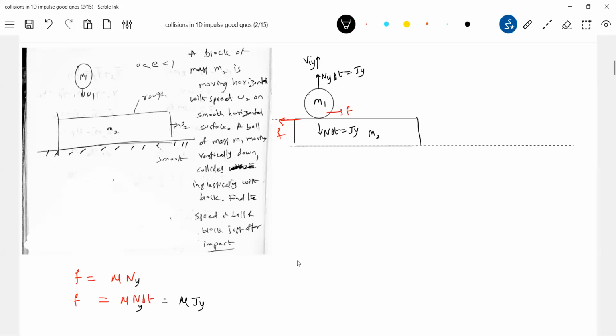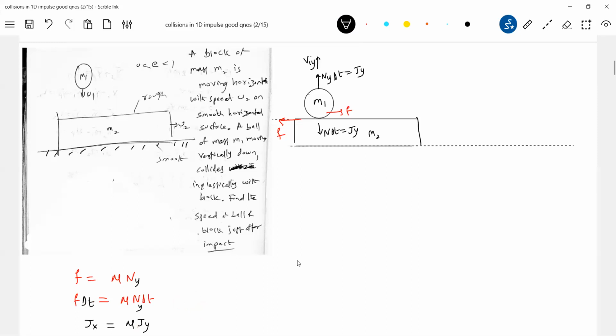Similarly, the friction also will act for a small duration of time. So together, this will be impulsive friction. This is impulse due to normal contact.